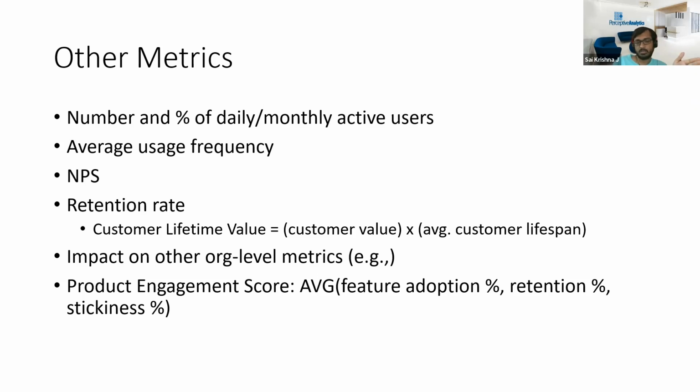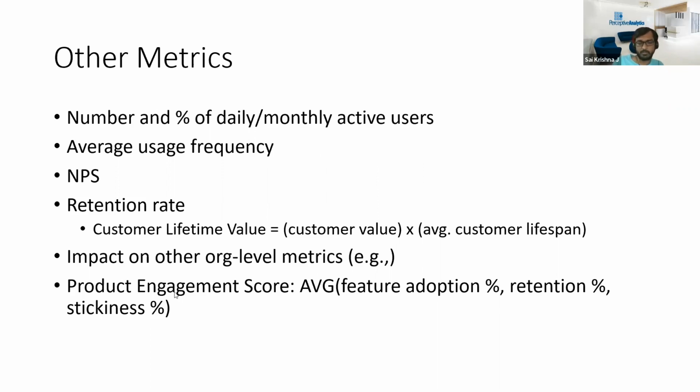So this feature, the change of address, might actually reduce the number of returns, which is an org level metric. I gave a scenario from a supply chain context, but like this, there might be several other organization level metrics as well, which will be related to the feature adoption.